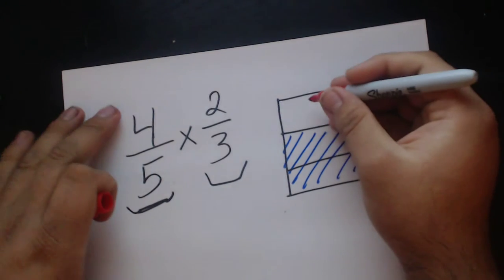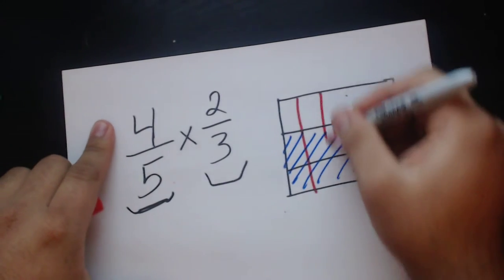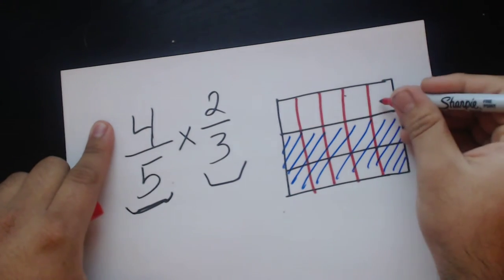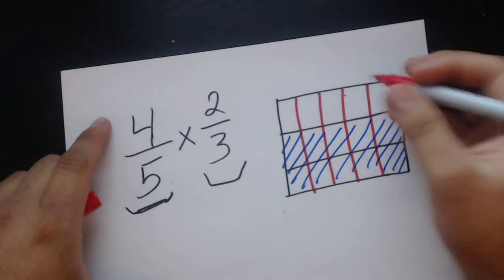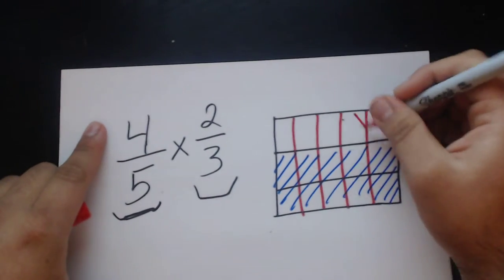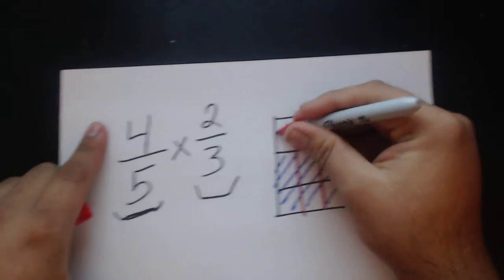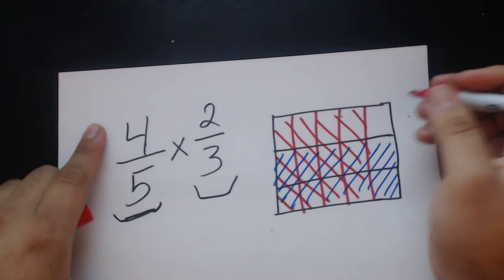And now I will go ahead and model my 4/5. Well, I'm going to have 5, so I'm going to make columns. That's 1 column, 2, 3, 4, and 5. Now I have 4 out of 5 of those columns, so I'm going to color those in. Kind of like that.